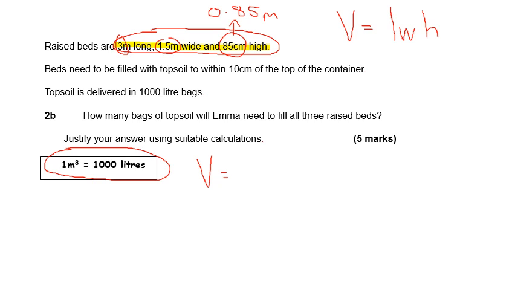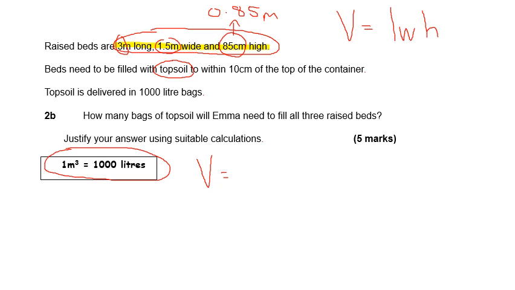Now, even that isn't what we use to work out the volume of each raised bed, because essentially we're not working out the volume of the raised bed, we're working out the volume of the topsoil. Okay, and that's the slight difference here. It's actually not the volume of, if you can imagine the box that makes up the bed, it's the volume of the soil that goes into it.